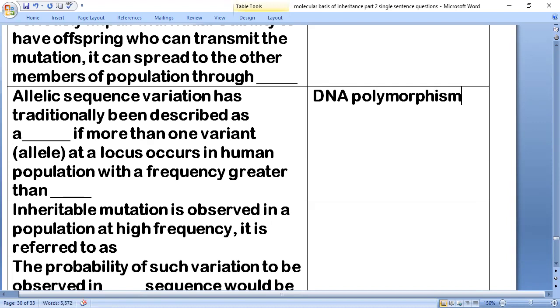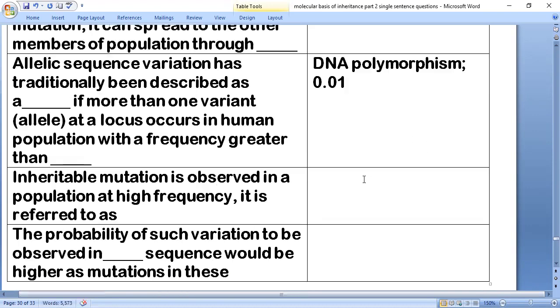If more than one variant allele at a locus occurs in the human population with a frequency of greater than 0.01, that is, an inheritable mutation observed in a population at high frequency, it is referred to as DNA polymorphism.